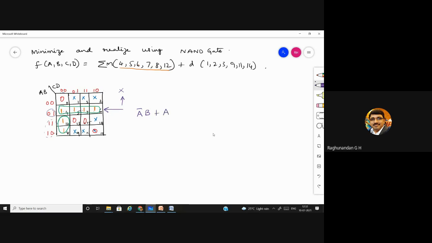Then in this position, what is common usually? C bar and D bar. Yes, C bar and D bar. Can you simplify anything here further? Is there any possibility? No, sir. No, right? So this is the final expression.